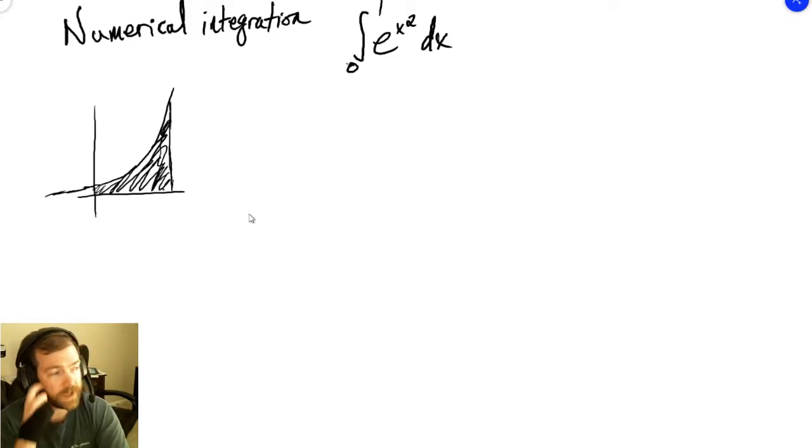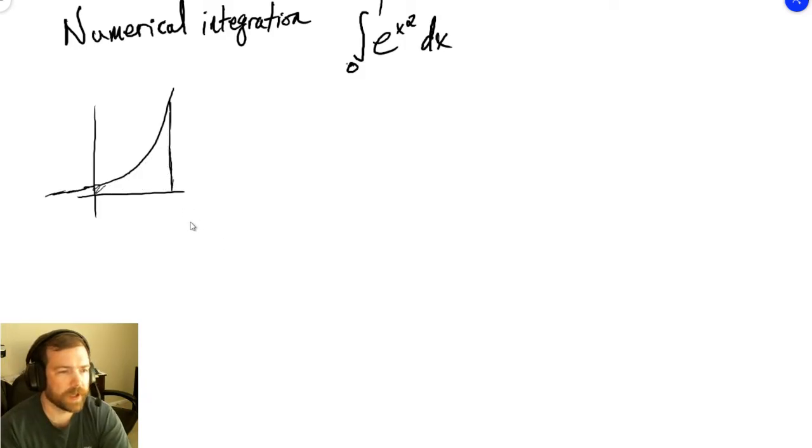So the definition of integral can come into play in that we can look at this as a series of rectangles that are all built off of each other. And we're looking at Riemann sums.